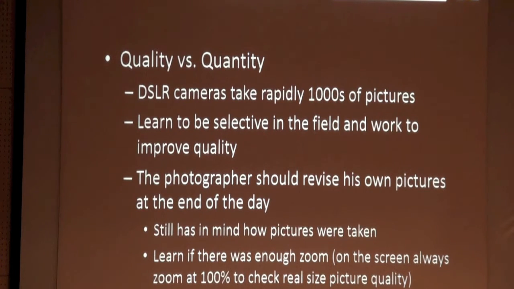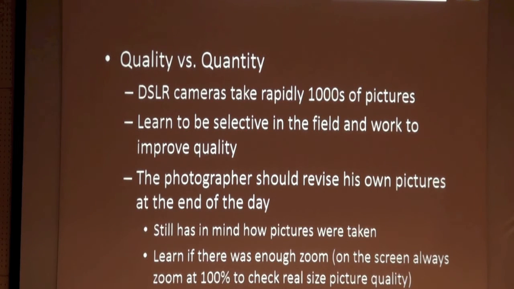So maybe it was a really bad day, or the animals were really spread out, so it was difficult, and then you understand why you don't have very high quality pictures of all the individuals. And also learn if there was enough zoom, so to find the limit until where you should actually take pictures and it's still useful.